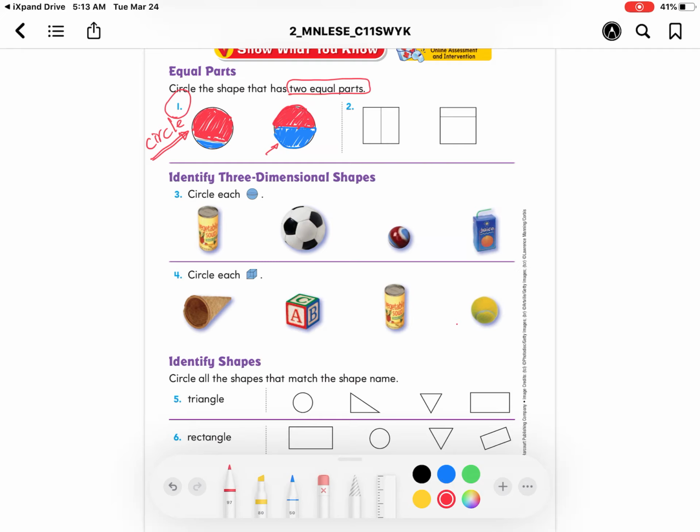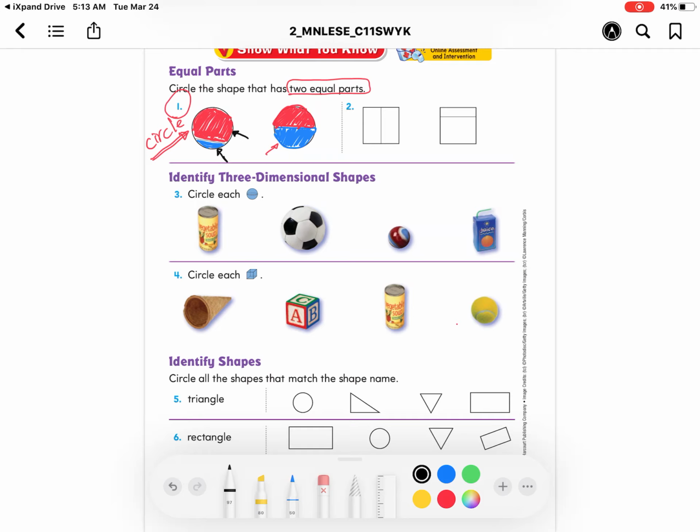Now, which shape has two equal parts? As you see here, the first shape we have a small part and a very big part. So, this is two unequal parts, or we can say two unequal shares, because they are of different sizes.